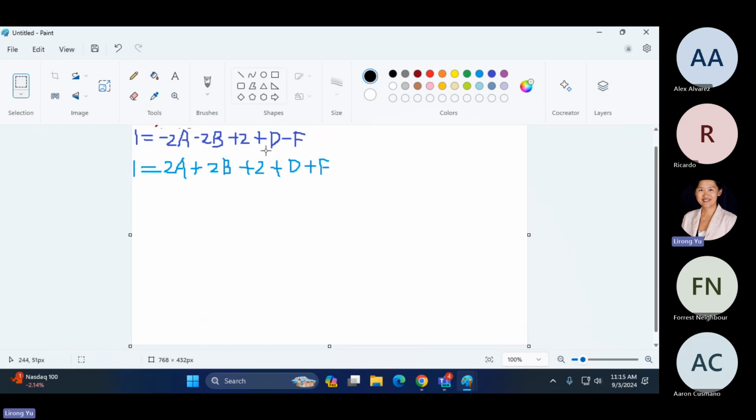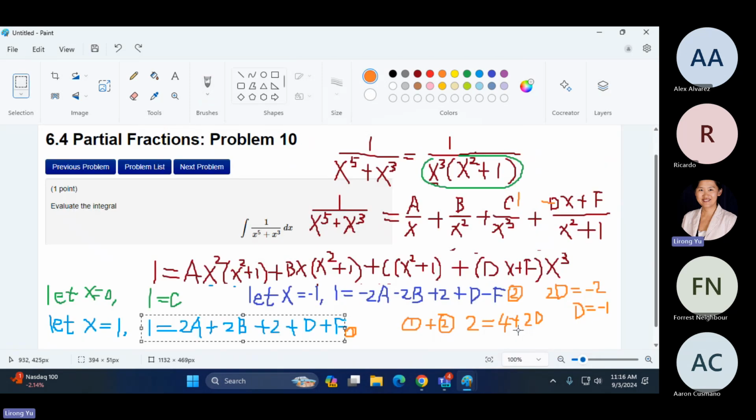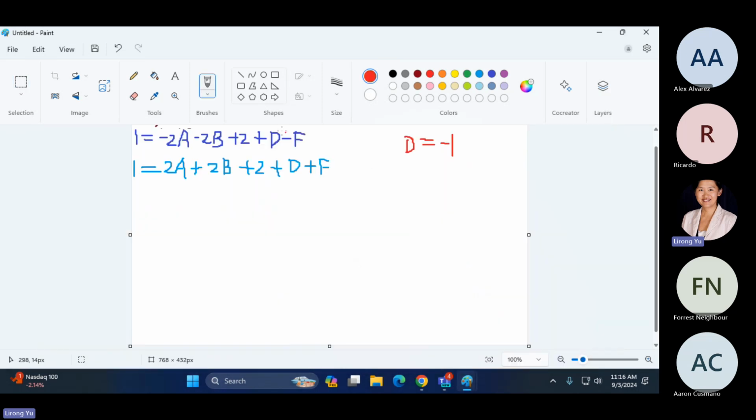We combine these equations, and after we've done that, we already know that D was negative. We add these 2 equations together, and we end up having D equal to -1, if everything is right. It cancels the common factor, so F, B, and A are canceled, and that gives us the opportunity to solve for D. After you know the D value, you can replace it with the actual number in there, and it will look like this.